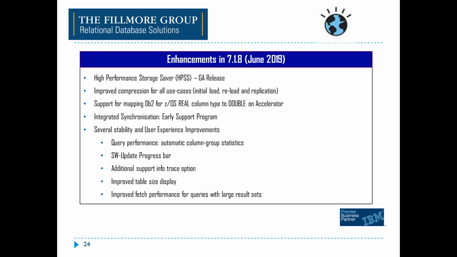So query performance in terms of column group statistics, updating and currency, additional info when you do traces that are supplied through the Db2 for z/OS trace logic, improved instrumentation for things like Data Studio.